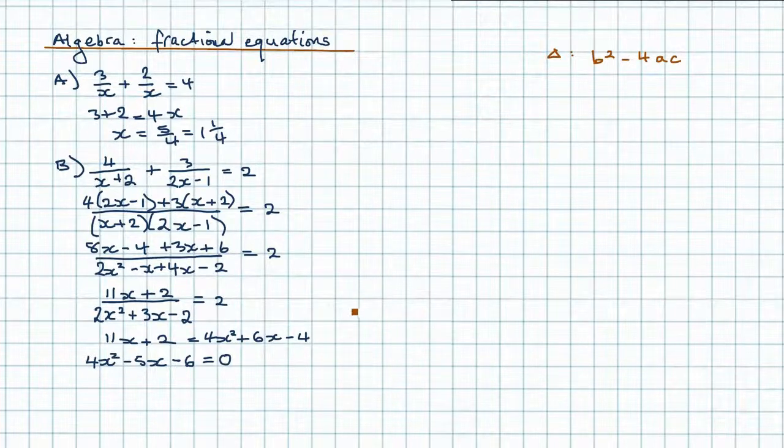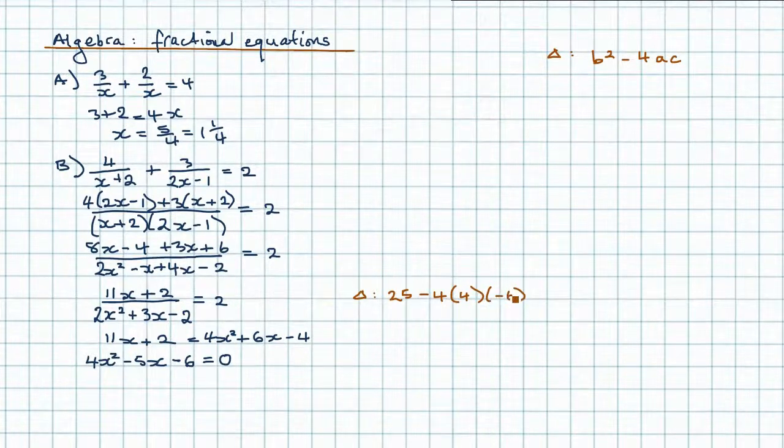What is the discriminant for this particular expression? So if we write it here, the discriminant is going to be b squared, so that's minus 5 squared, 25. Minus 4, and it's best to write these out, 4 times 4 times minus 6. So 4 times minus 6 is minus 24.